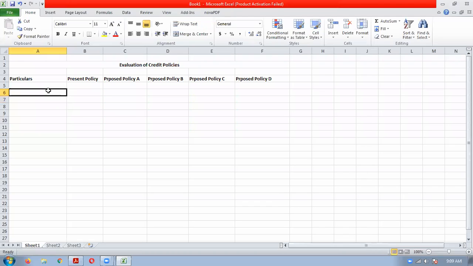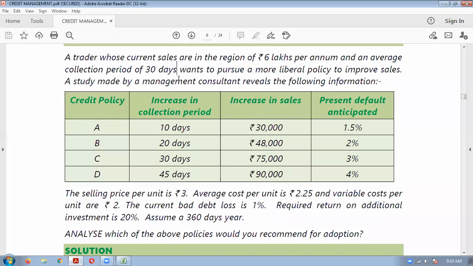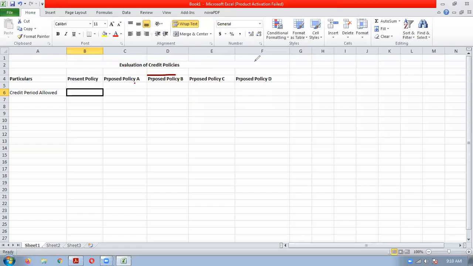First we will write down the credit period in each policy. Credit period allowed. In the present policy, what is the credit period? 30 days.